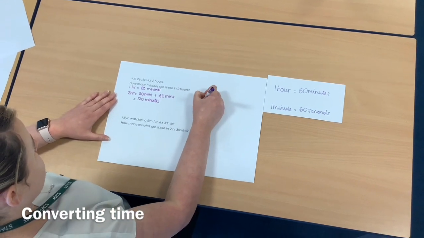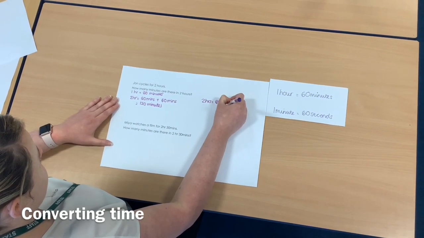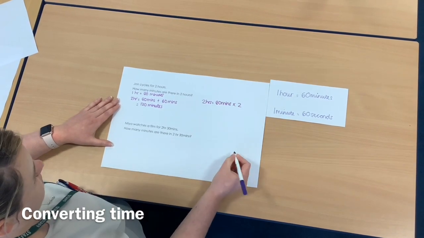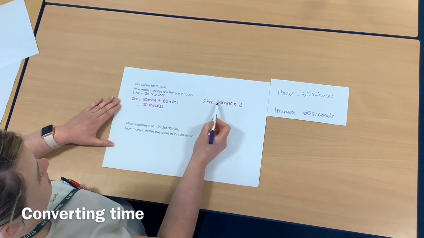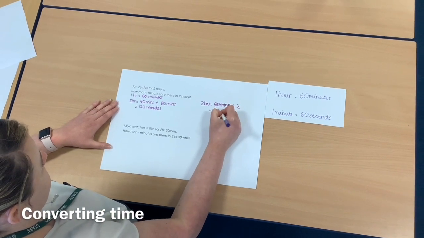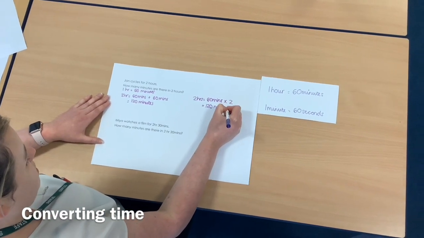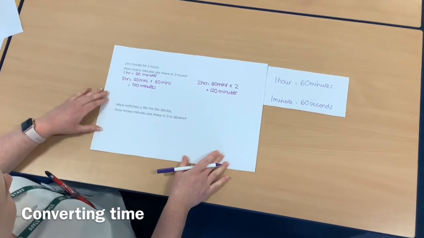For 2 hours, what I could do is 60 minutes times by 2. I know that 6 times 2 is 12, so therefore 60 times 2 is 120. So John cycled for 120 minutes.